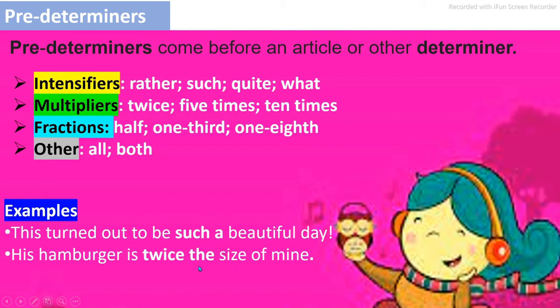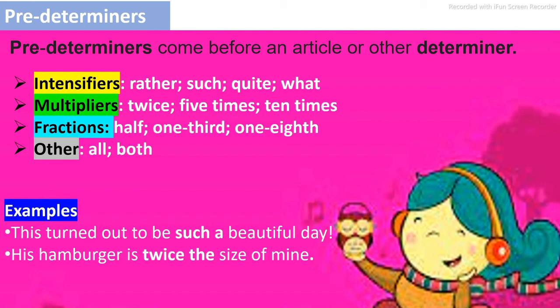First is the, and before the there is one more determiner which is called a predeterminer. So twice actually shows more than the specified amount. Mine means my hamburger is of this size, but his hamburger is just double the size. So it is used to express more than the specified amount.